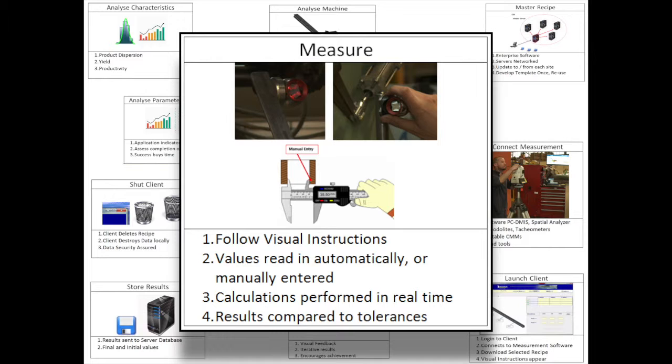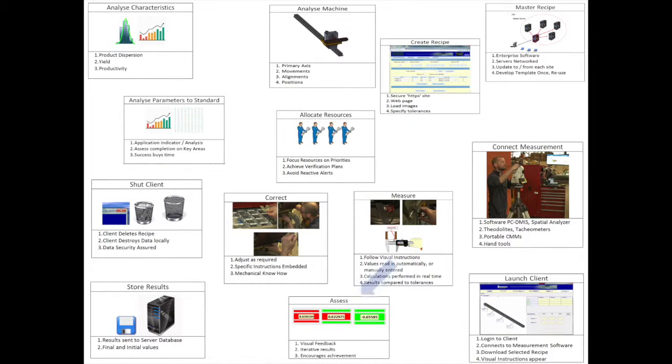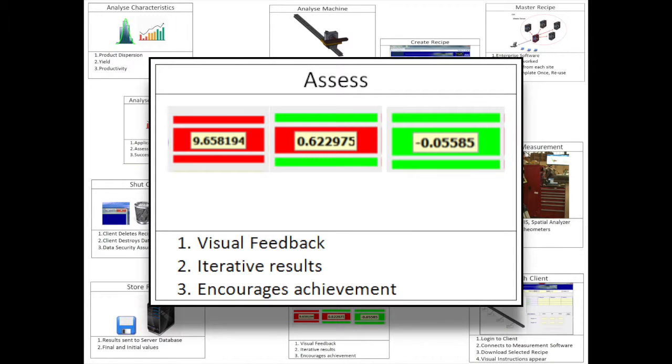So you've done your measurement, and next up you'll get your results. Once your results come in, you'll be able to see the indicators show whether the measurements are inside tolerance or not. You get initial visual feedback. So green, red, it's highly visible to anybody who's passing by, for example, and indeed the person who's performing the measurement.